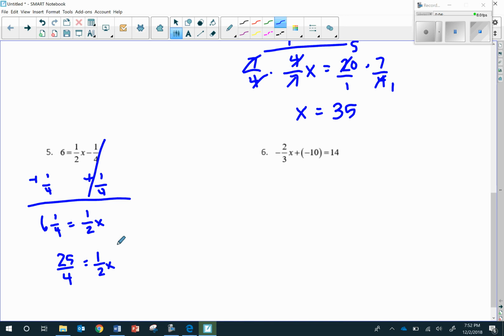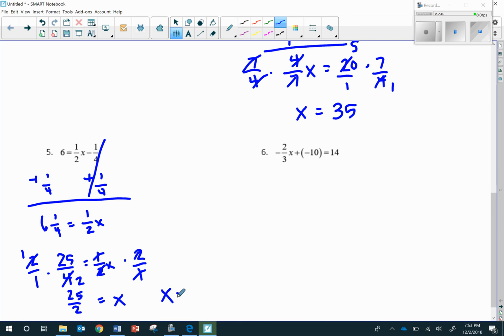When I multiply each side with the multiplicative inverse, I multiplied each side by 2. When I do that, this simply cancels, and I'm left with x equals 25/2. In my final answer, I'm going to rewrite it back as a mixed number.